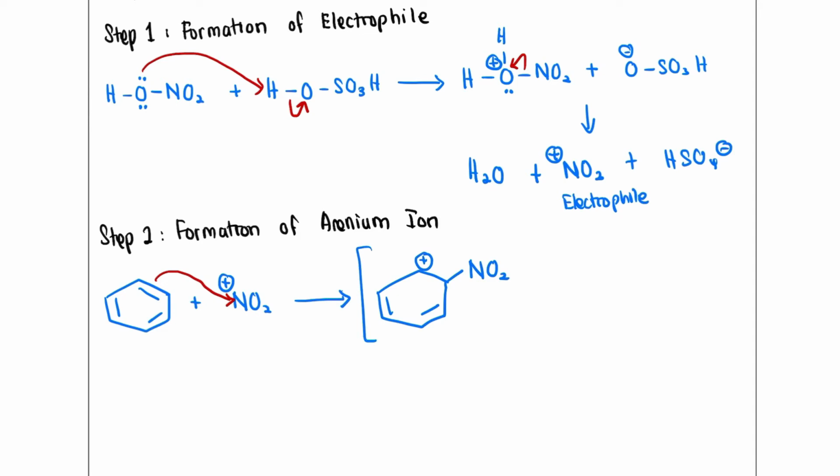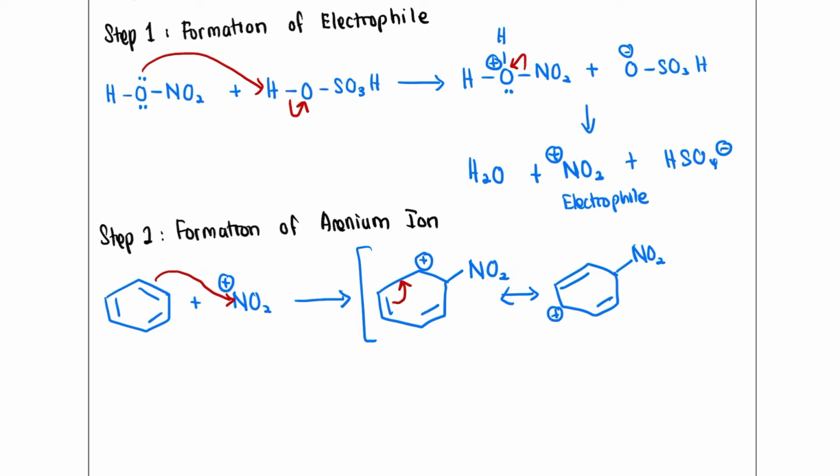Okay, and then we have to draw the resonance structure for this arenium ion. Okay, so kita kena memburu positif. So from this double bond pergi ke bonding that is close to the positive charge tu. Okay, so now the position ni masih kekal, but the double bond ni dah move to here. That means the positive charge dah pindah tempat lah.